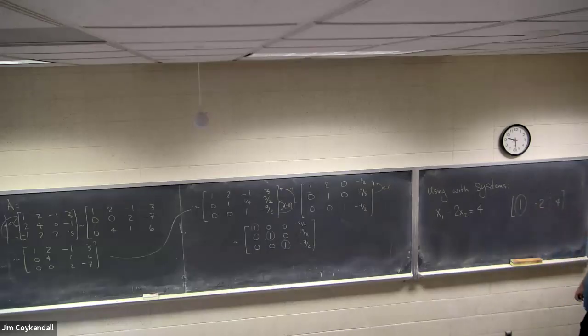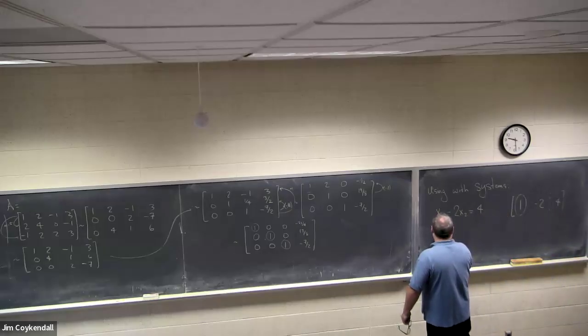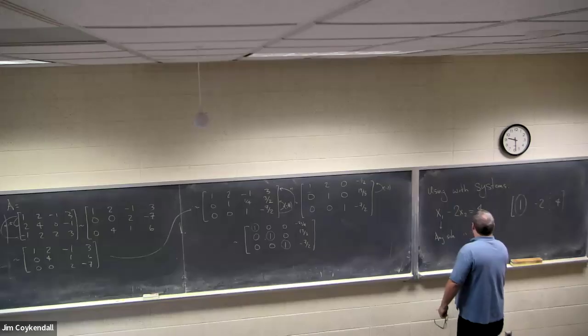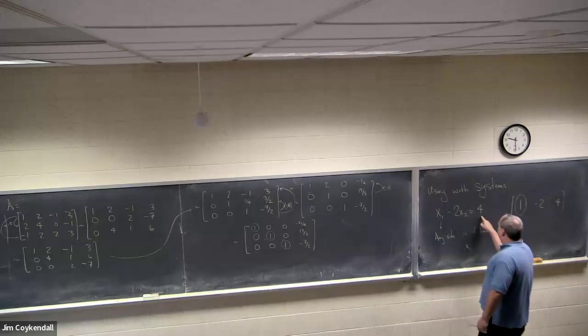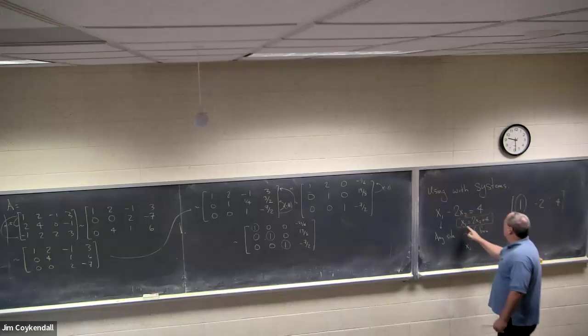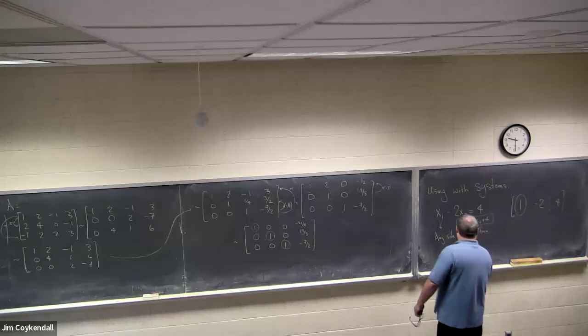Okay. So let me think about this the common sense way. Any solution is of the form x2, and I can rewrite this equation this way. Everybody agree with that? x1 is 2x2 plus 4. So any solution of this system has the form x2 and x1 equal to 2x2 plus 4.